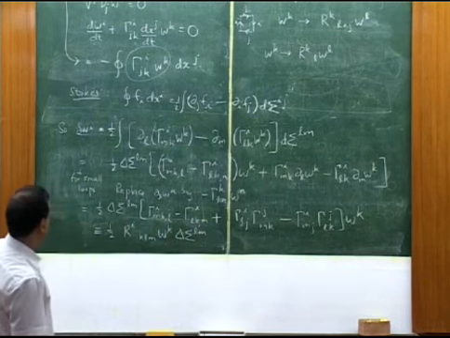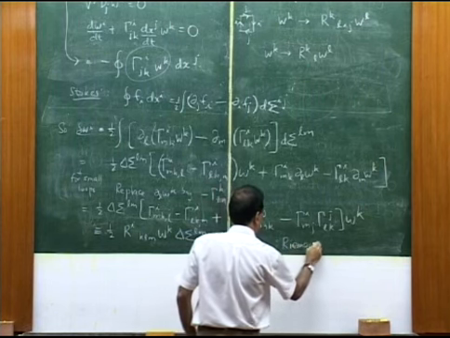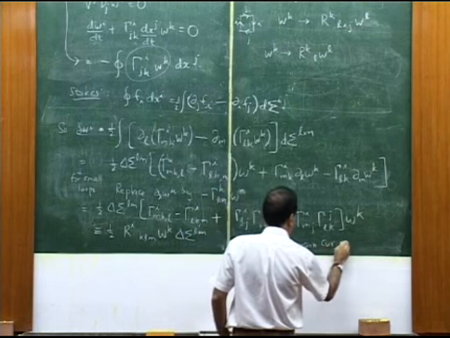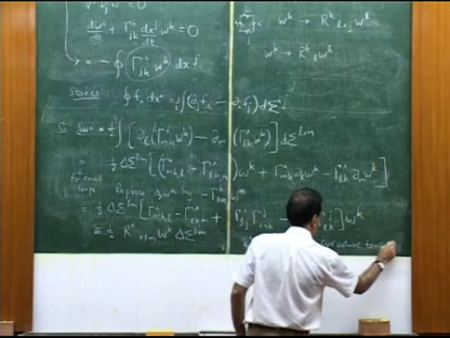Okay, and it has a name. It's the Riemann curvature density.